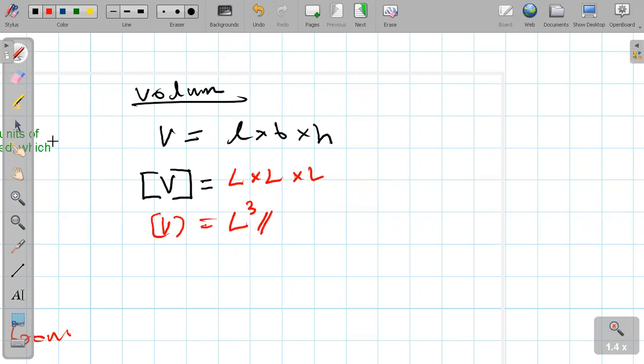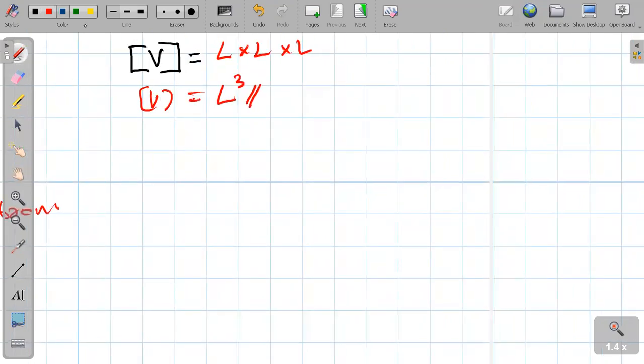That's it. Very good. Now the next part is, once I found that one, let's find density. Density. Find it. Dimensions of density.